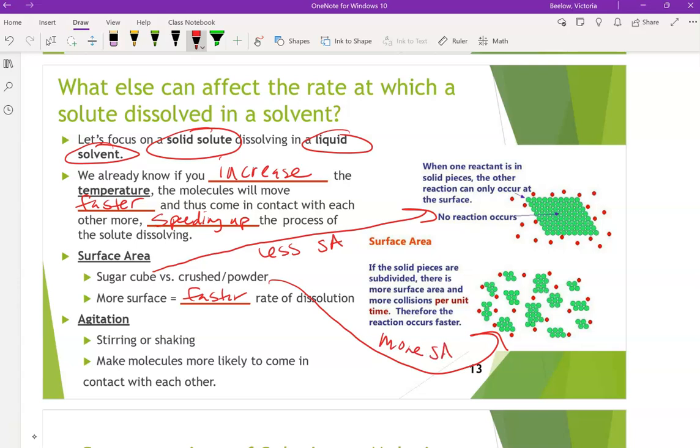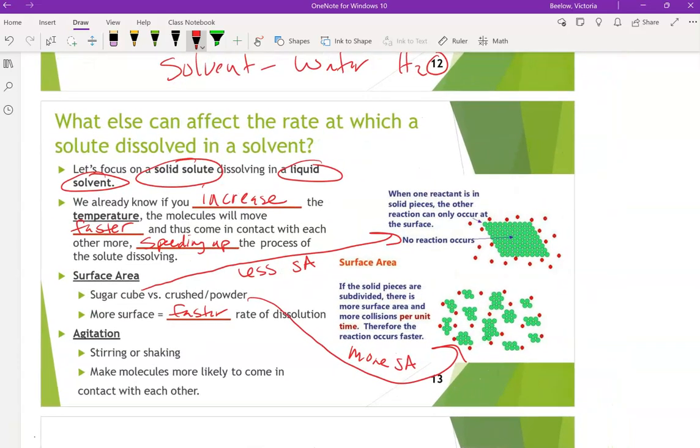This has more surface area, so more chances for the two things to interact with each other. And then also, of course, agitation. If you pour a bunch of sugar into your coffee, you're most likely going to stir it. You're not just going to leave it there. That can help move the molecules around to make them come in contact with each other more often.